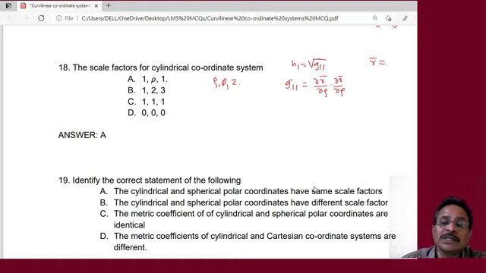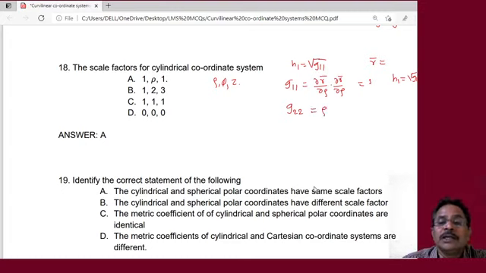When these are obtained and we go for all these calculations, first g11 comes to be simply 1, and therefore h1, the square root of g11, is equal to 1. If I go for another calculation, g22, since it is an orthogonal coordinate system, only the diagonal terms appear.